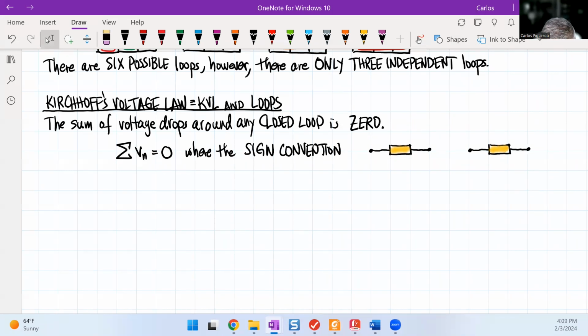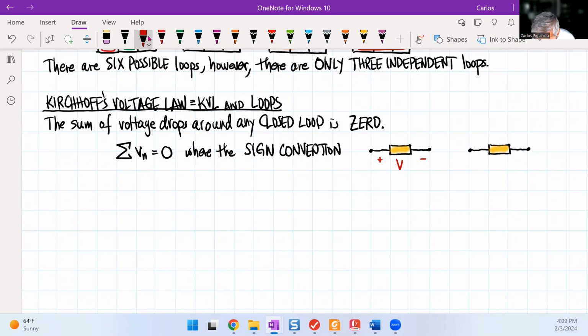So if I look at this thing, then what do I see here? I'm going to have a voltage drop across an element, which I'm going to call V here. And that voltage, like I said before, is typically positive.